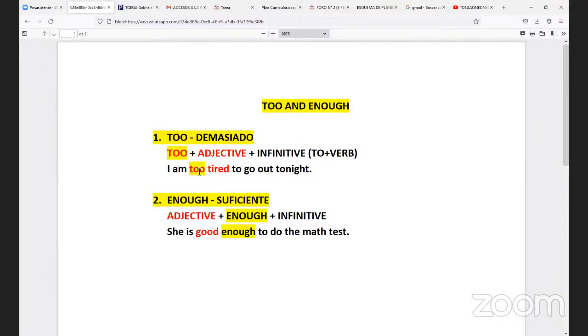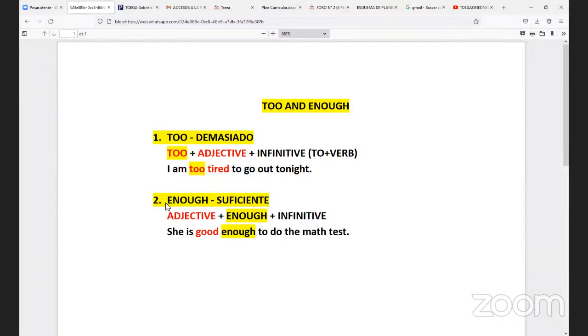So it is impossible that I can go. Exaggerating at 100%. In order to express the reason, we never forget the infinitive, "to," and the verb. In this case, the verb is go out, salir, but we use "to go out," the infinitive, tonight.